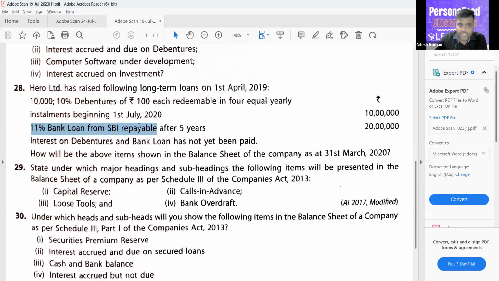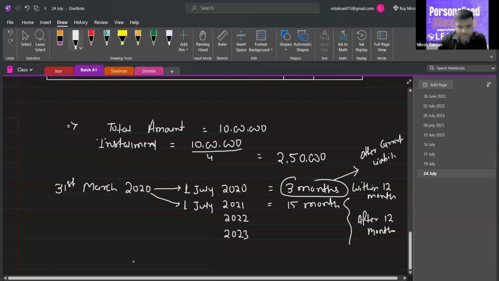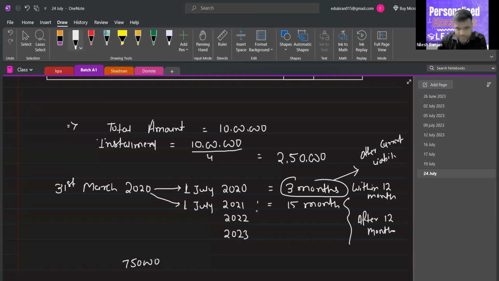This 11% bank loan from SBI repayable after 5 years will be shown under long-term borrowing. And from this 10 lakh, 7,50,000 will go to long-term borrowing, because there are 3 installments of 2,50,000. So 7,50,000 will be long-term borrowing, and 2,50,000 will be other current liabilities.